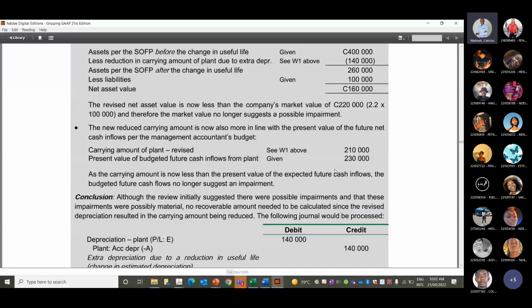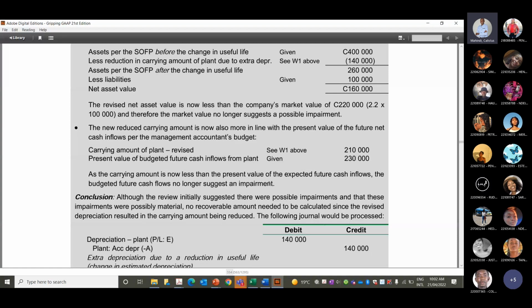So let me just read that. As the carrying amount is now less than the present value of the expected future cash flows, the budgeted future cash flows no longer suggest an impairment. So what is the conclusion? Although the review initially suggested that there were possible impairments, these resulted in the carrying amount being reduced.